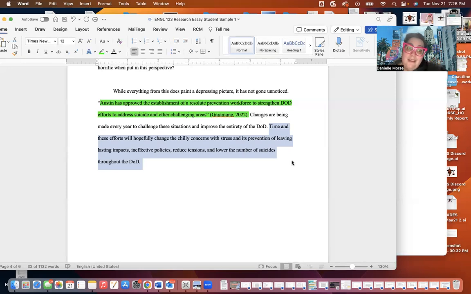If we're saying something like suicides are increasing, and because they want to avoid contradicting themselves, they can say the DoD has policies that ultimately fail soldiers when it comes to mental health, but they are working on making changes, and here's what some of those changes look like, and here's how that can ultimately, or is projected to, assist or ameliorate suicide numbers, or it's meant to provide better care or something along those lines. You can say both of those things. It's not this or that.